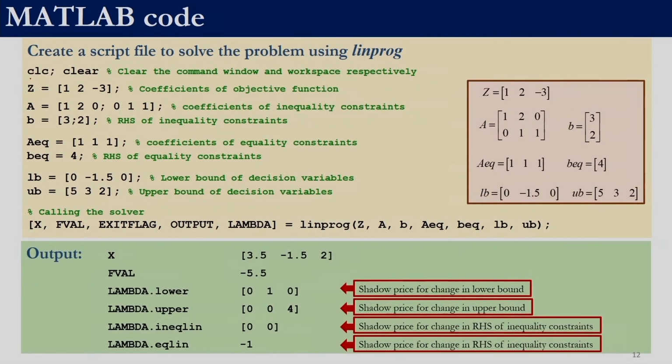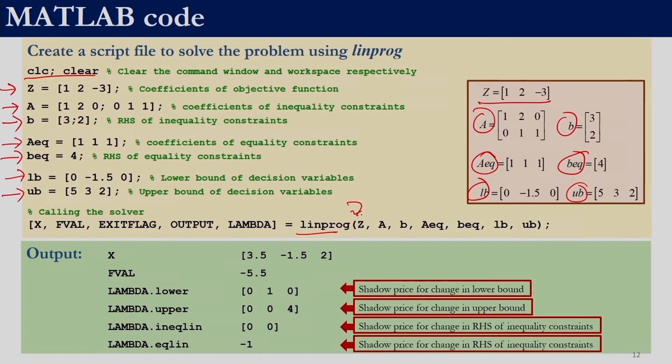because that is the format required for linprog. Here we use clc and clear to clear the command window and the MATLAB workspace. We define z as 1, 2, minus 3, A and b as defined here, similarly Aeq and beq, the lower bound and the upper bound, and then we supply that information in the specified order.